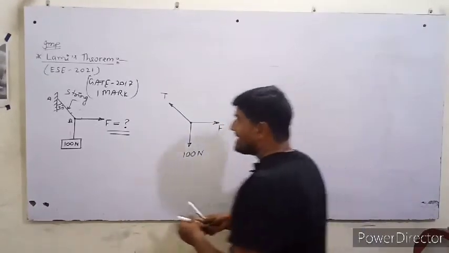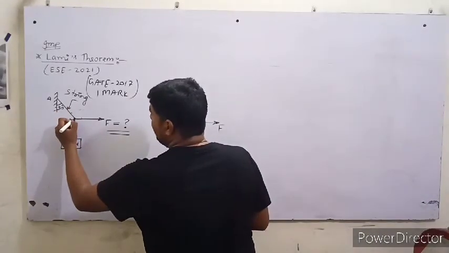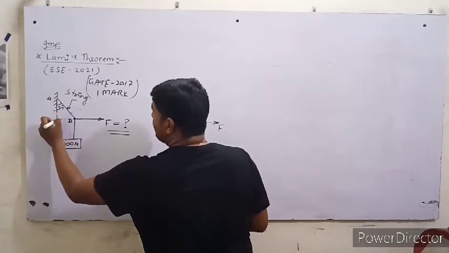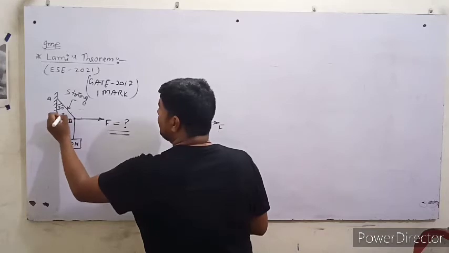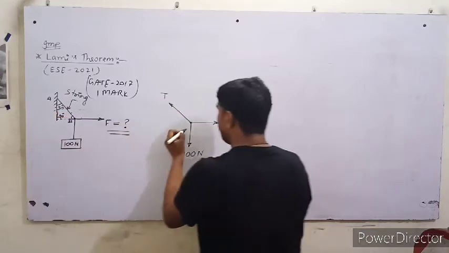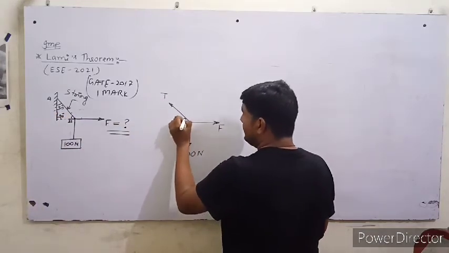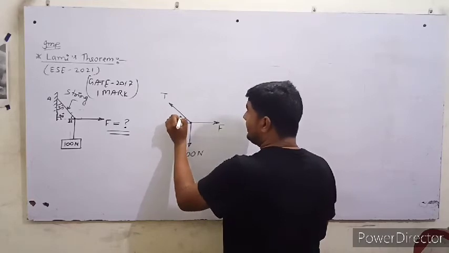So what is this angle? If this angle is 30, and I extend this line, this will make a right angle triangle here. This is 90 degrees. If this is 30, this angle will equal 60 degrees.